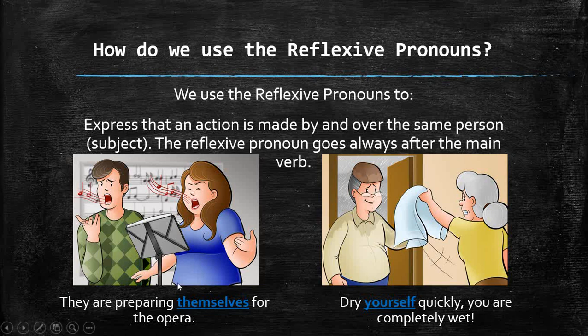And as we can see, the reflexive pronoun is always after the main verb in the sentence. Look at this. The verb prepare, and then the reflexive pronoun. In the other case, the main verb is dry, and the reflexive pronoun is right after the main verb.